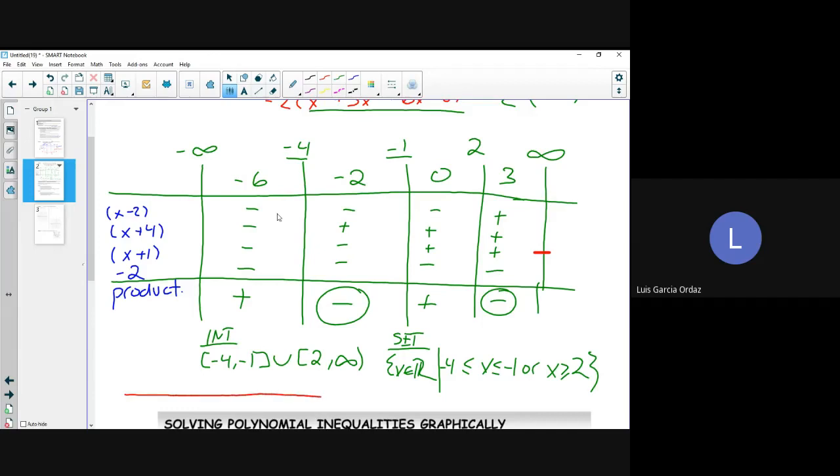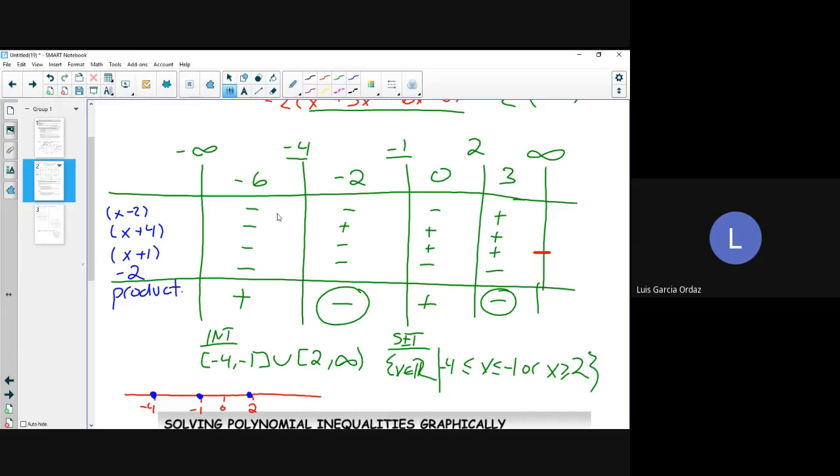Our roots are -4, -1, and 2. So what would our dots look like on this number line? Are they going to be open or closed? Closed. Okay. So closed at -1, closed at -4, and closed at 2.